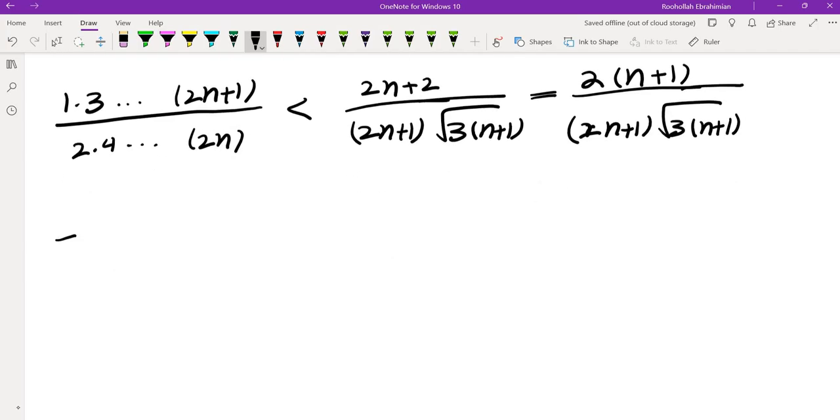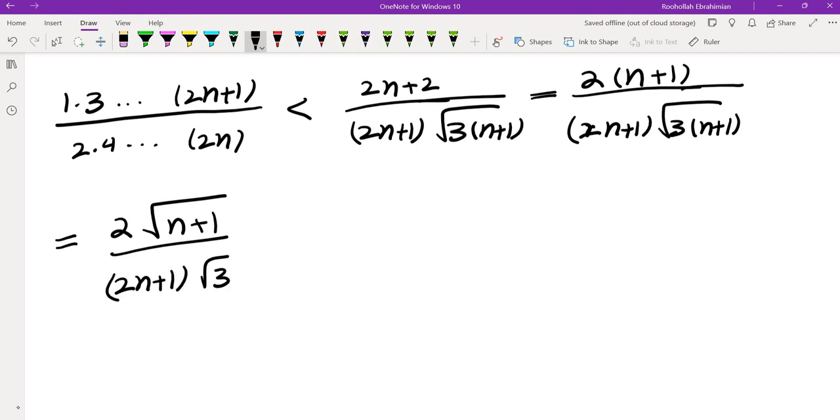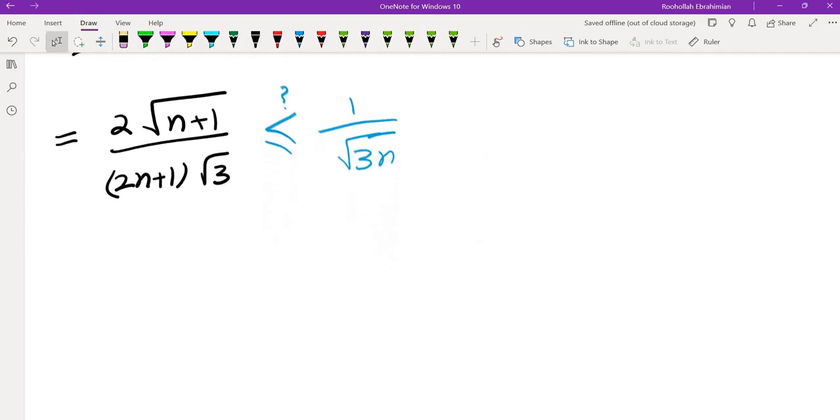And we are going to simplify this to 2 root n plus 1 over 2n plus 1 times root 3. So if we can show that this is less than 1 over root 3n, then this backwards induction shows that if the inequality is true for n plus 1, then it would be for n. Then what we need to prove is that the inequality actually holds for infinitely many values of n.